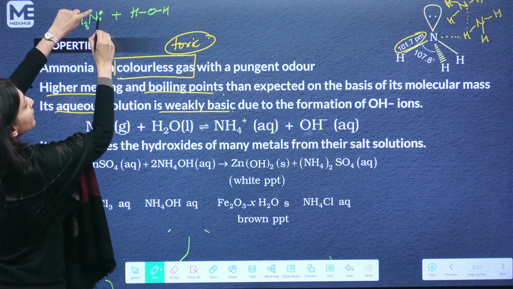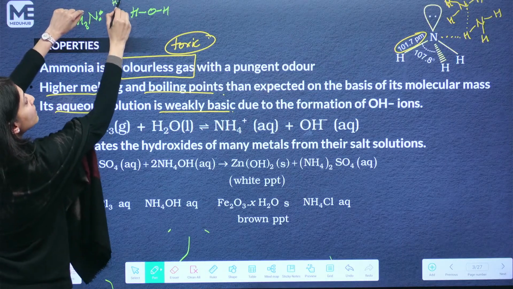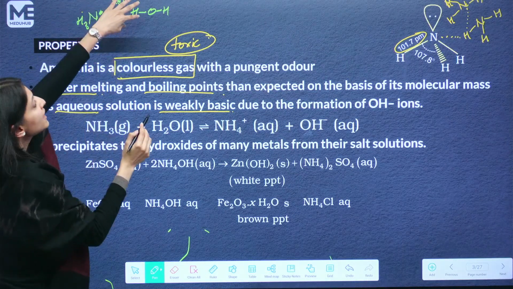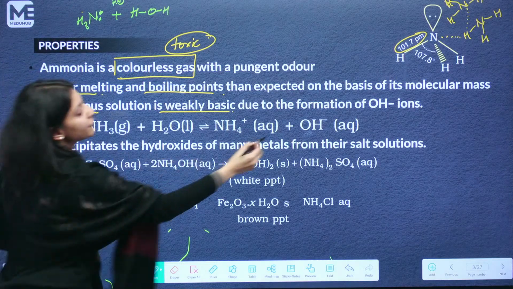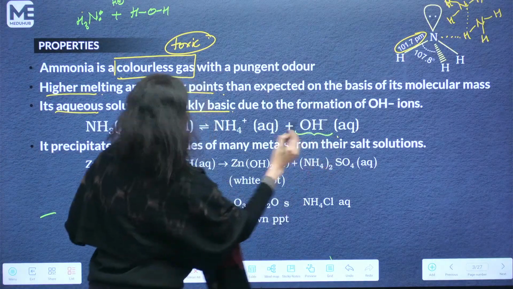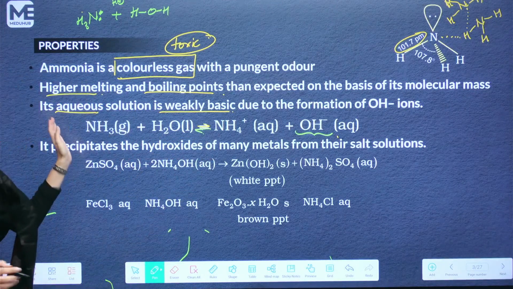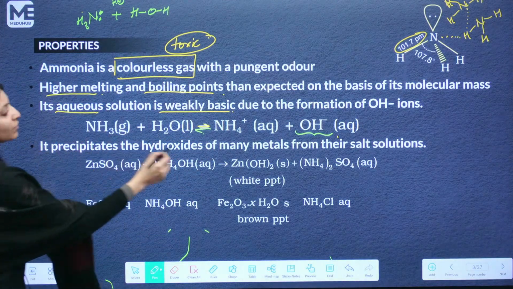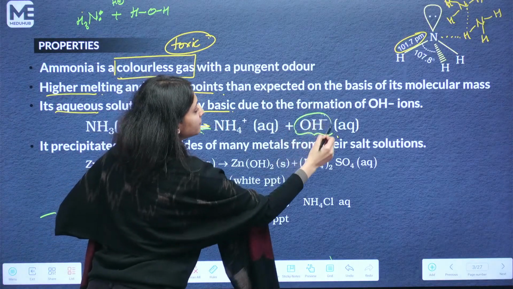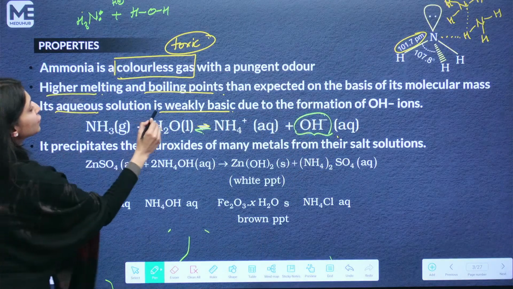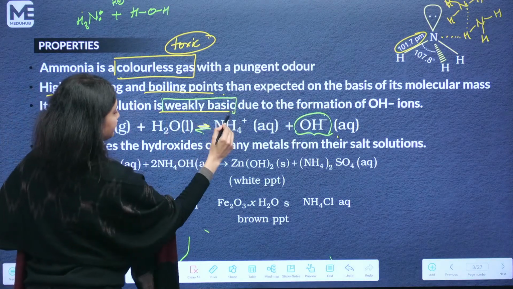This lone pair can form a bond with a proton, alright. So it takes up H+ from water and furnishes OH- ions. Obviously this is a reversible reaction. It only partially dissociates in water to give us OH-. That is why a solution of ammonia is weakly basic.